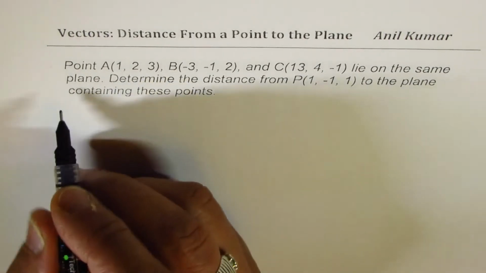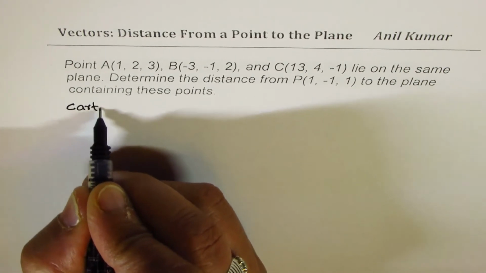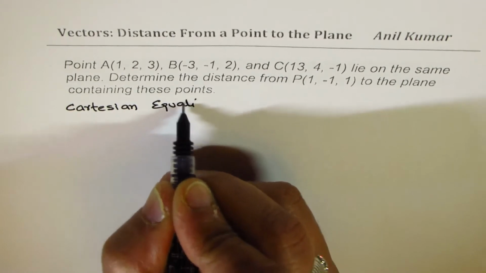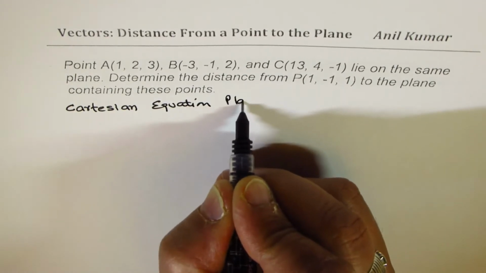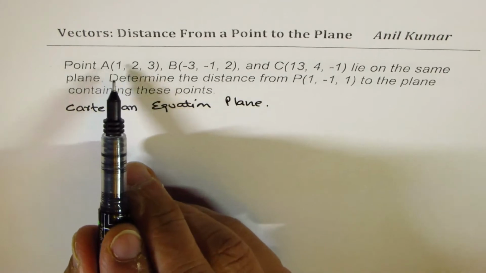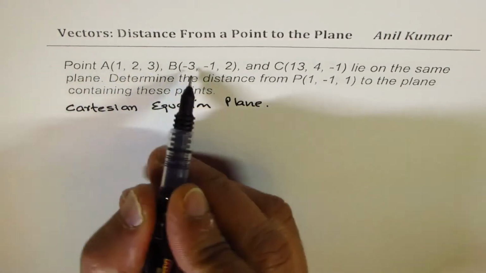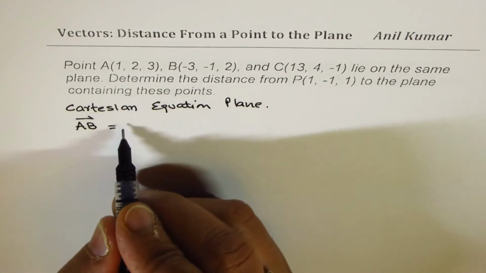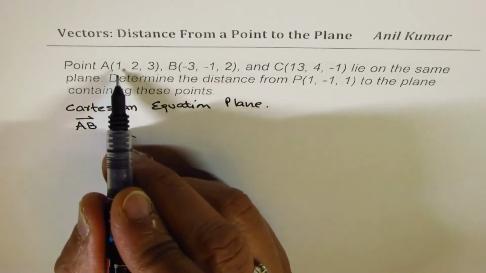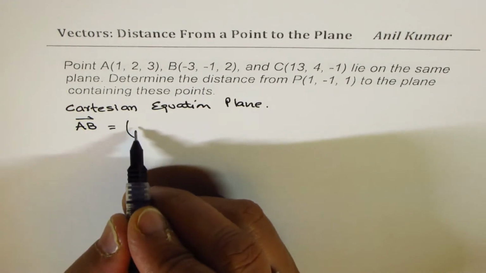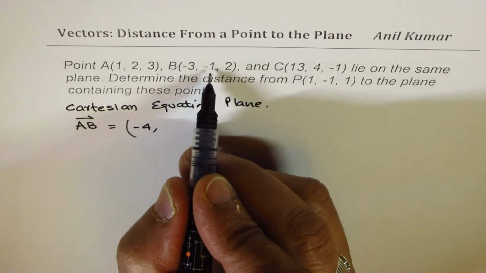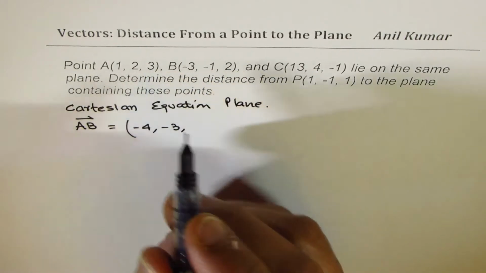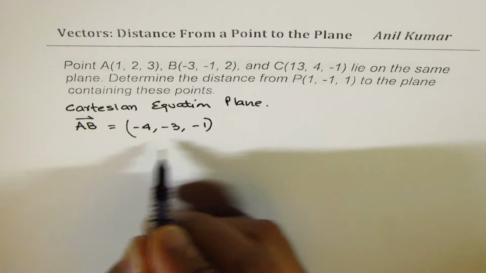So we'll actually develop the Cartesian equation of the plane with the help of the given points. Points A and B will give us one direction vector. AB could be written as -3 minus 1, which is -4, -1 minus 2, which is -3, and 2 minus 3 as -1.